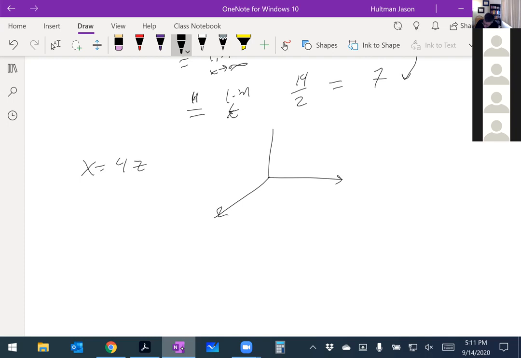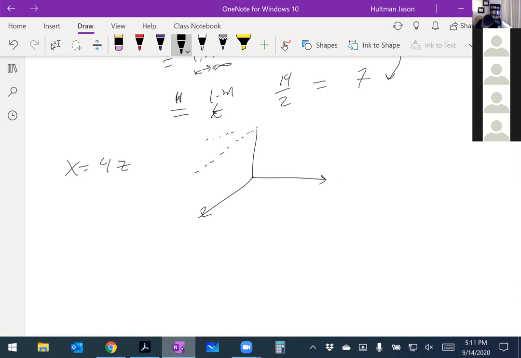That's going to be on the xz plane, right? What's the xz plane here? It's this guy here. So for every 4 I go out in x, I go up 1.